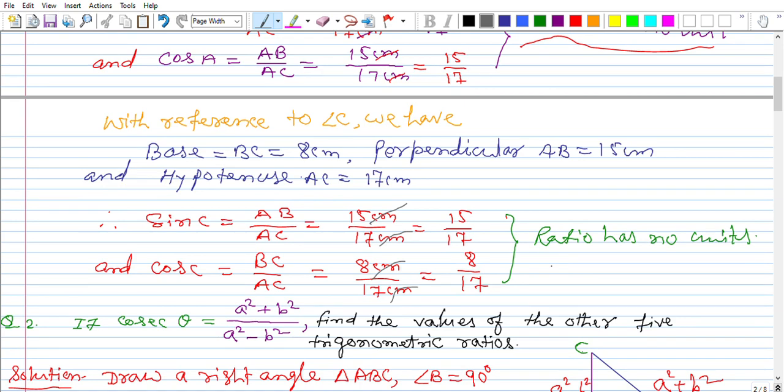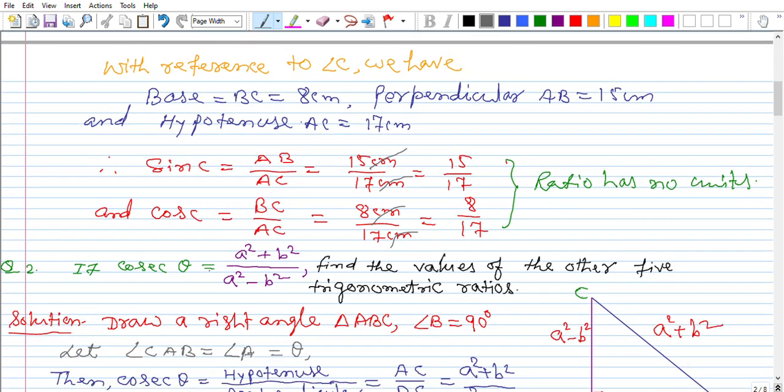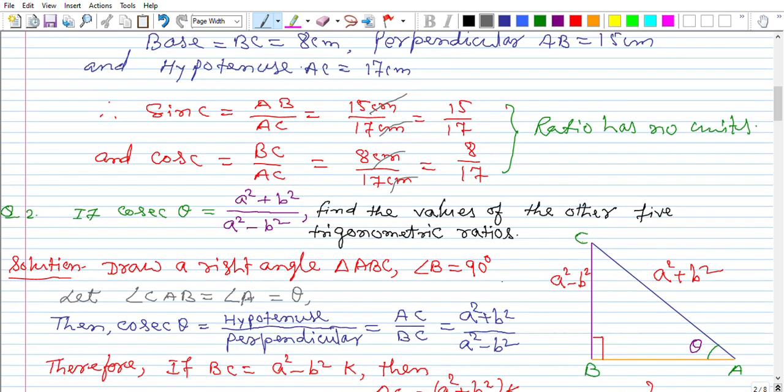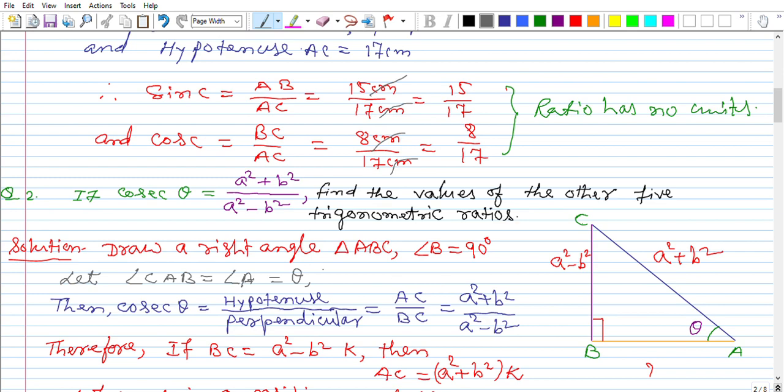The second question: if cosec theta equal to a square plus b square by a square minus b square, then find the value of the other 5 trigonometric ratios. Now first of all draw a right angle triangle where B equal to 90 degree, that means right angle at angle B. Let angle CAB equal to angle A equal to theta, as shown in the figure.